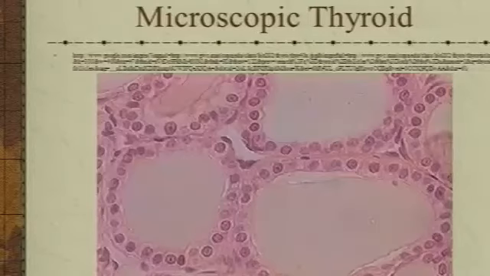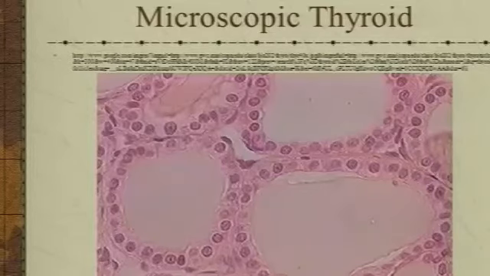Now we're looking at microscopic, because I know you guys really love microscopic stuff, right? We've got this smooth area in the center, which is called colloid, C-O-L-L-O-I-D. The squarish looking cells with the round nuclei surrounding it are called follicular cells, F-O-L-L-I-C-U-L-A-R.